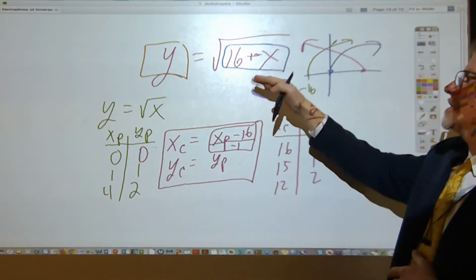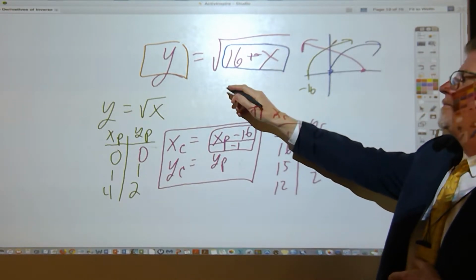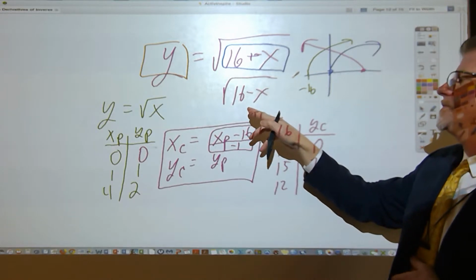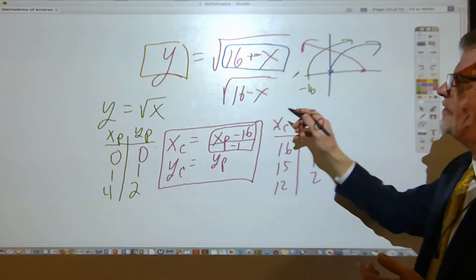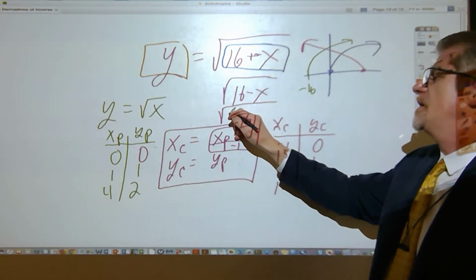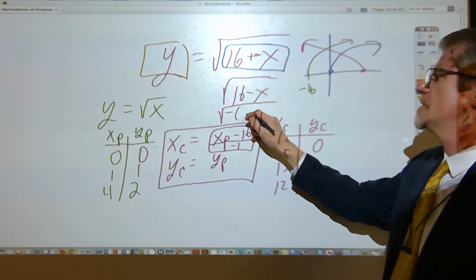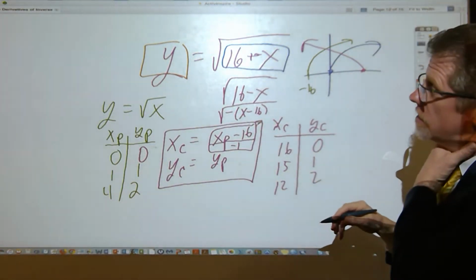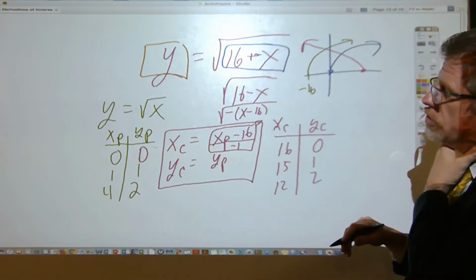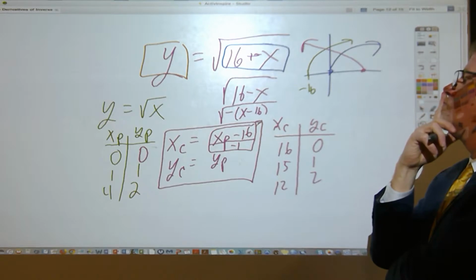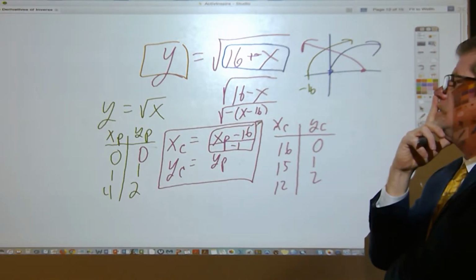So if you're looking at this, and you think, go left 16, my guess is that when you were taught to do this in pre-calc, you always had to factor something out. Like factor this out, make it x minus 16, maybe -16.